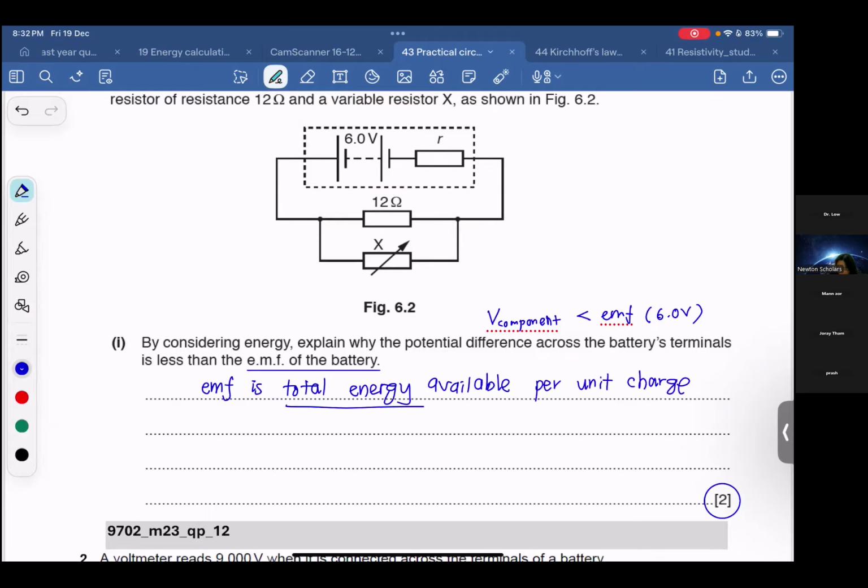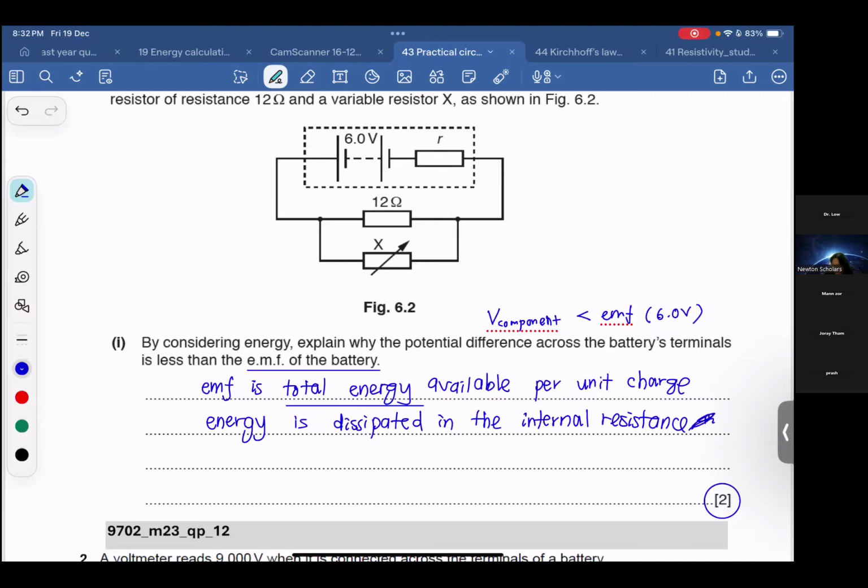Total energy, but why it cannot receive the whole energy from EMF is because some of the energy is dissipated in the internal resistance, small r.